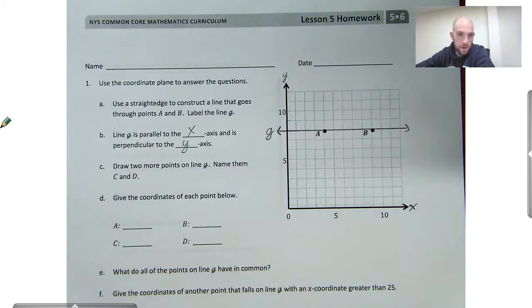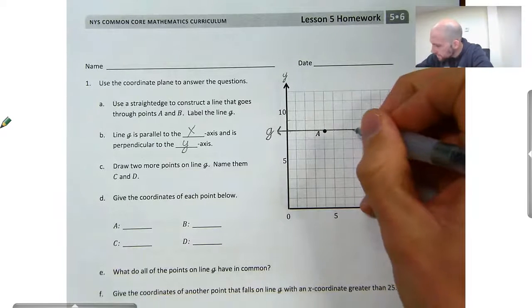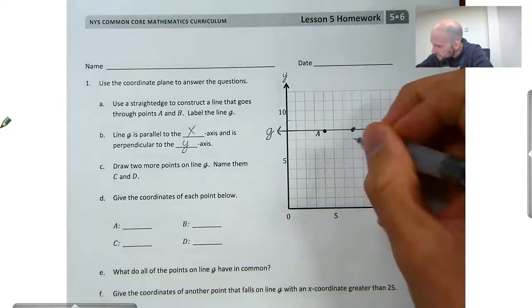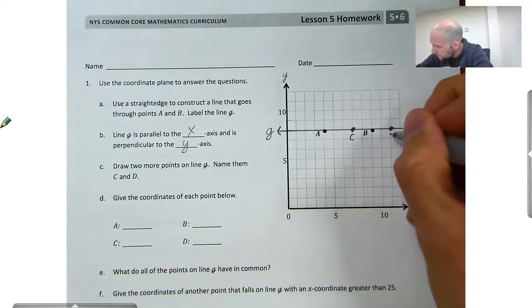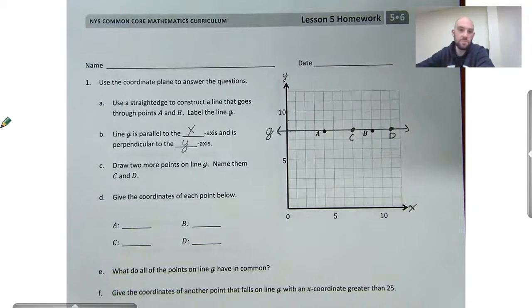All right, so draw two more points on line G. Name them C and D. I'll put one right here, and let's put one over here. We have C and D. Now it says give the coordinates of each point.